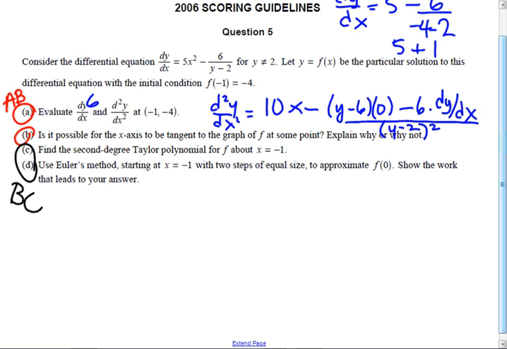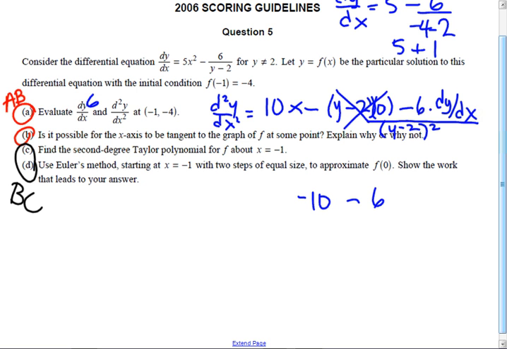Did I copy it wrong? I did. And unfortunately, that's a penalty. Whoops. y minus 2. I copied it there, but that's okay because it's 0. So it's 10x, so it's negative 10. That's 0.